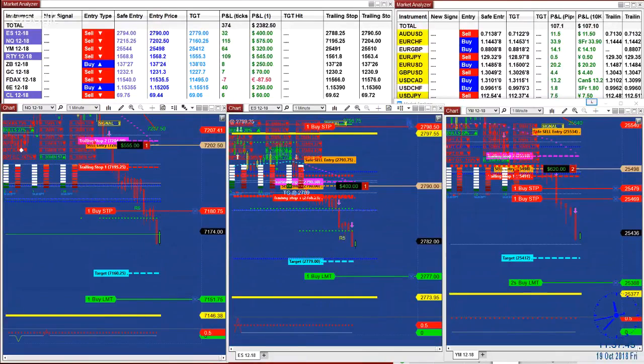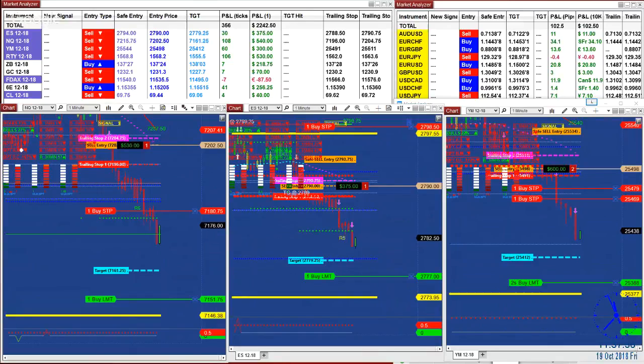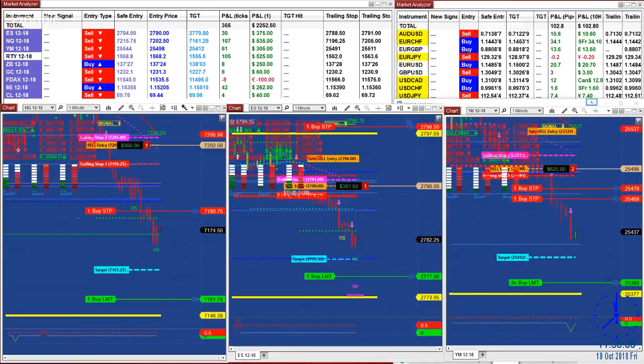How many ticks on the Nasdaq? You see where's the pullback re-entry? Right there.